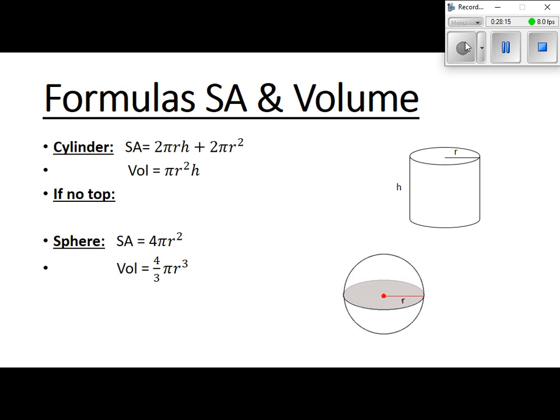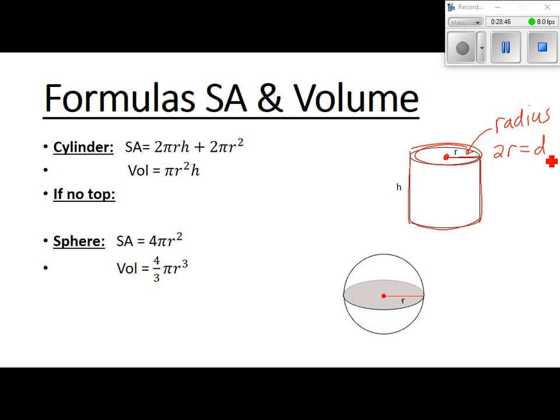So surface area of a cylinder, that means we're trying to figure out, maybe it's made out of metal, and we're trying to figure out how much metal it takes to make this whole cylinder. Remember, R stands for radius. You could also be given the diameter, which is just 2 times the radius.